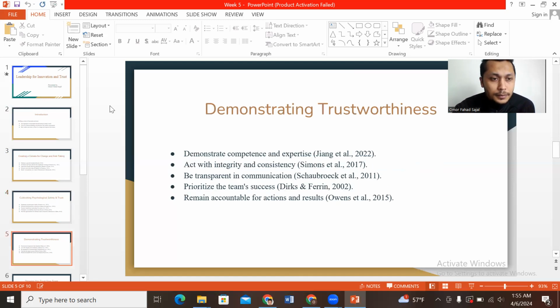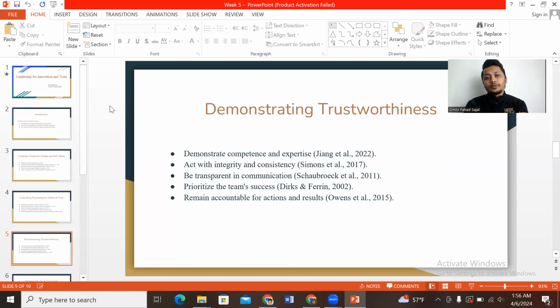Now, the next question is, what can leaders do to show others that they are trustworthy? You have to demonstrate trustworthiness, which is also another important thing. As leaders, we must earn the trust, act with integrity and consistency. Demonstrate competency by remaining skilled and acknowledging our role, and act with unwavering integrity. Your words must align with your actions. Then be transparent in communication, communicate openly and honestly to reduce uncertainty.